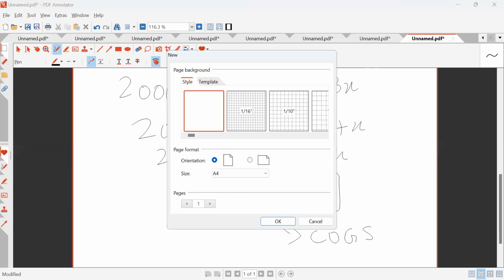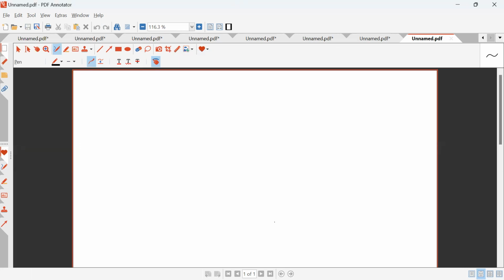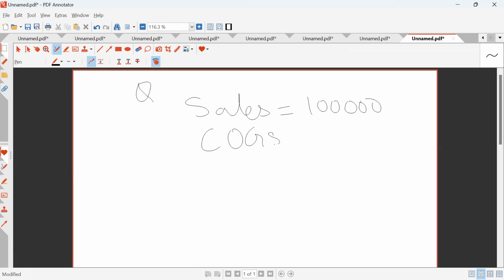Let's do another question like this for practice. Let's suppose now beta in exam, examiner gave me data. This is the question. Sales equals 100,000. I don't know cost of goods sold, but I have markup of 12%.